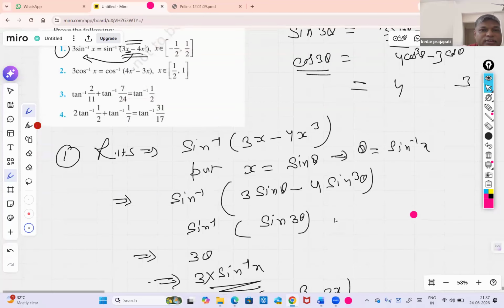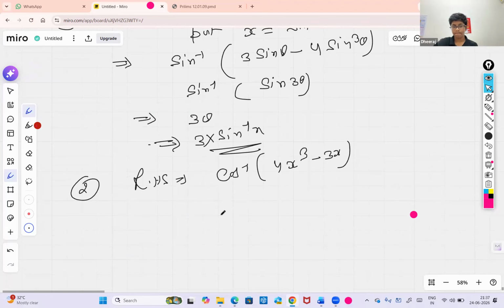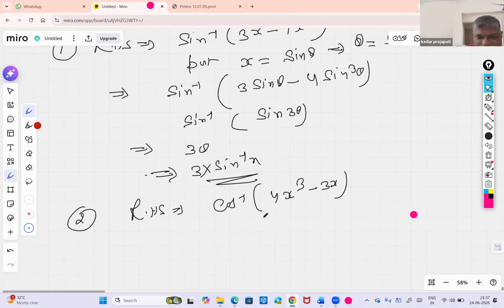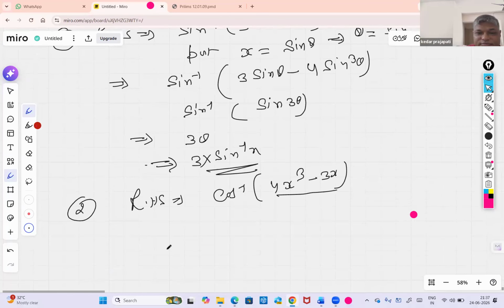This is the question. So what will you put now? Because this is in the form of cos 3 theta, and cos 3 theta is 4 cos cube theta minus 3 cos theta.